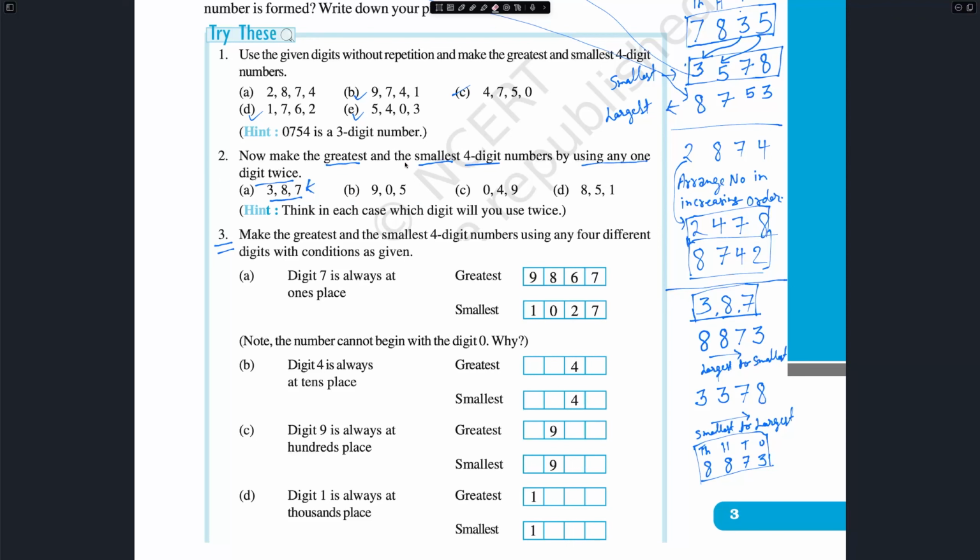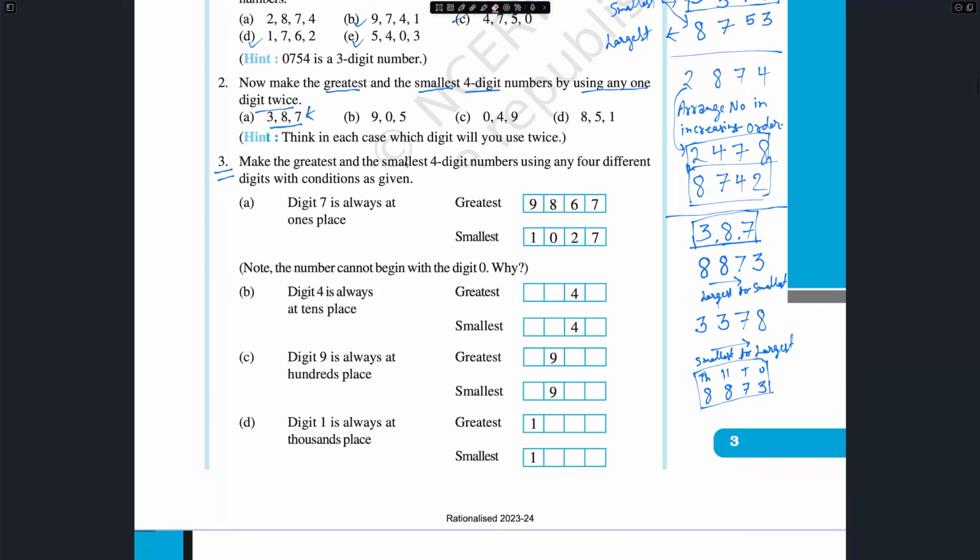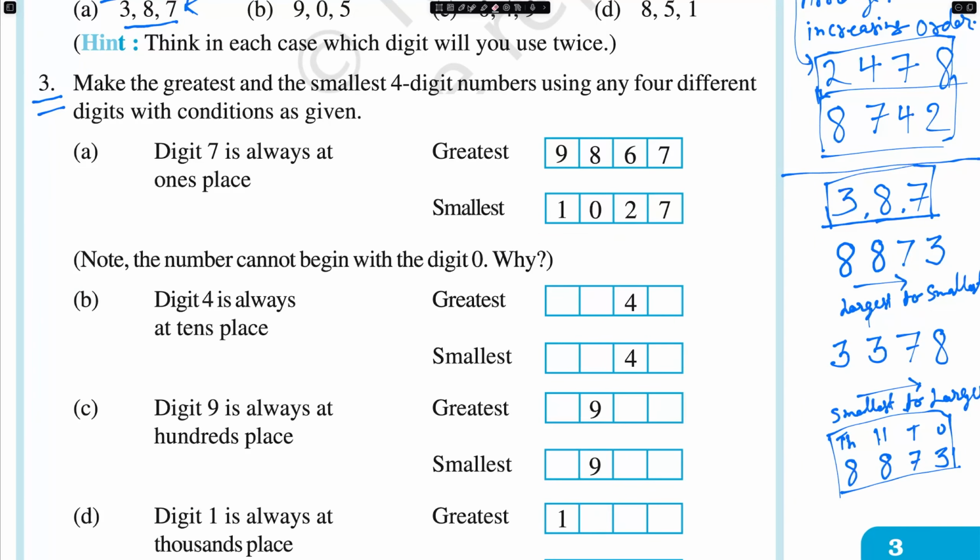Now let's focus on question number 3. Let's read what it is asking us. It is asking us to make the greatest and the smallest 4-digit number using any 4 different digits with conditions as given.